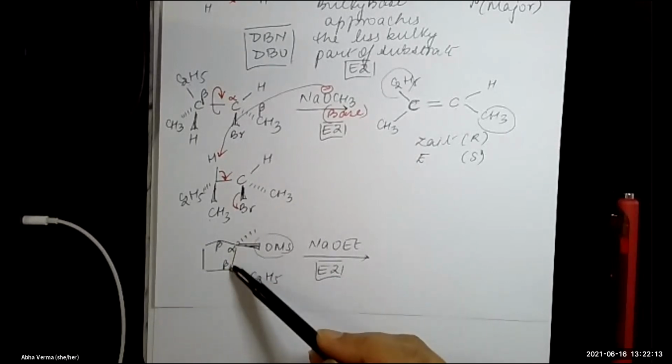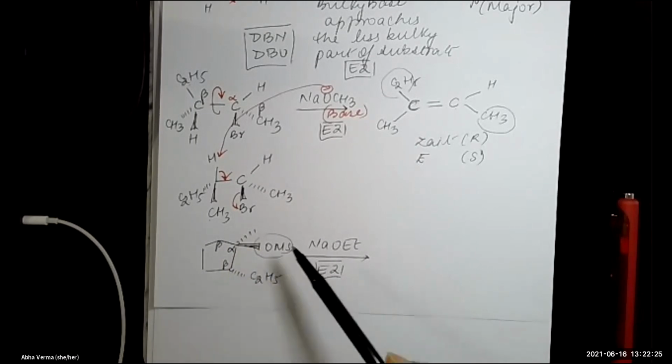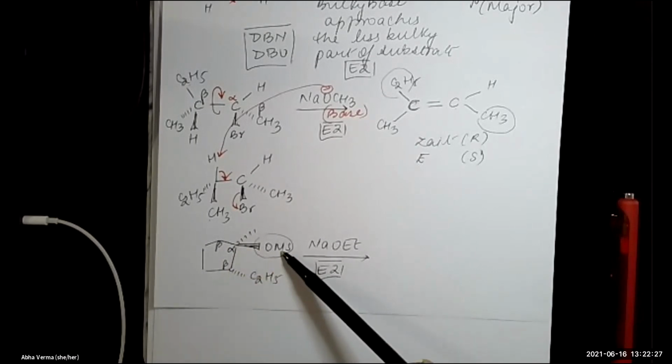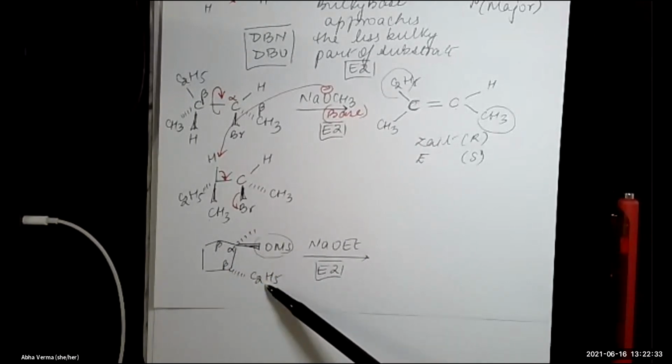But looking at this situation, does this beta carbon have a hydrogen in the anti position? So if this is coming out and this is going at the back, the O-mesylate and the ethyl group are trans to each other.